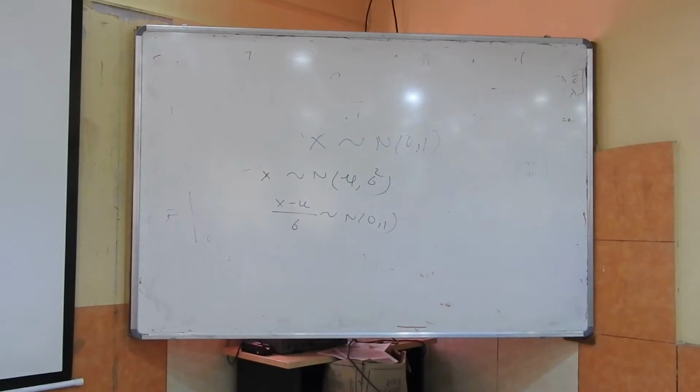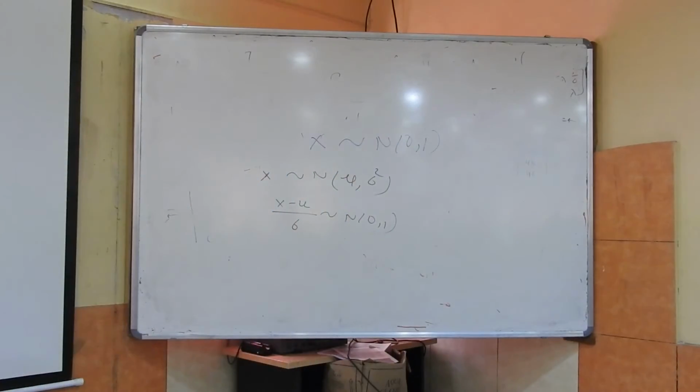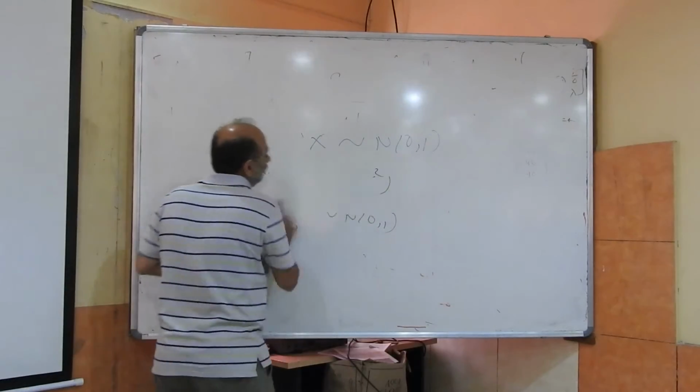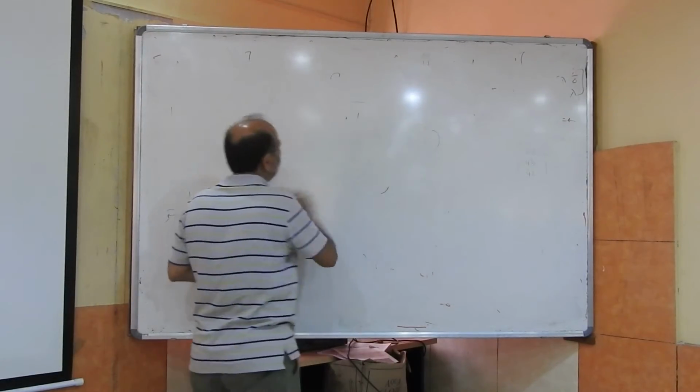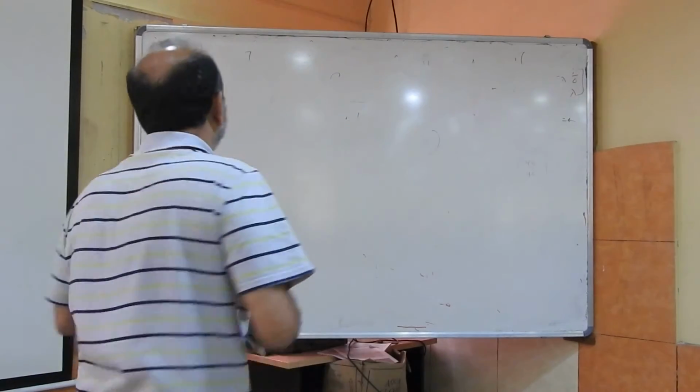So if you take a normally distributed random variable, subtract its mean and divide by the standard deviation, you get a standard normal variable. Clear? Now the third point is the following one.